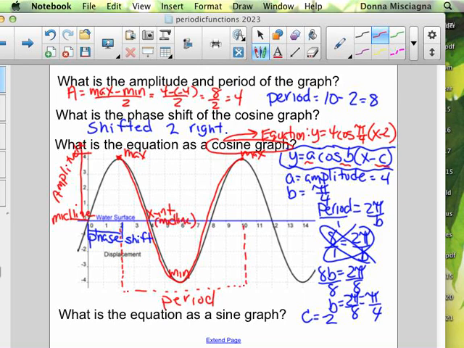What if we write it in terms of sine? Right? Well, sine starts at the midline, right? So this is 1 period of sine.